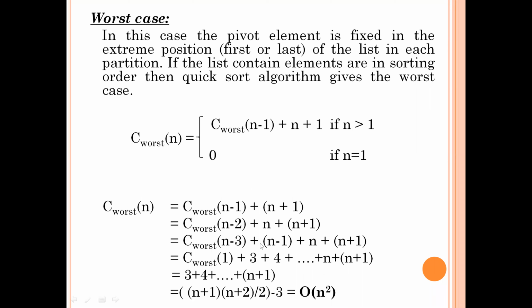So worst case means what? We say that the pivot element is fixed in the extreme position of the list in each partition.